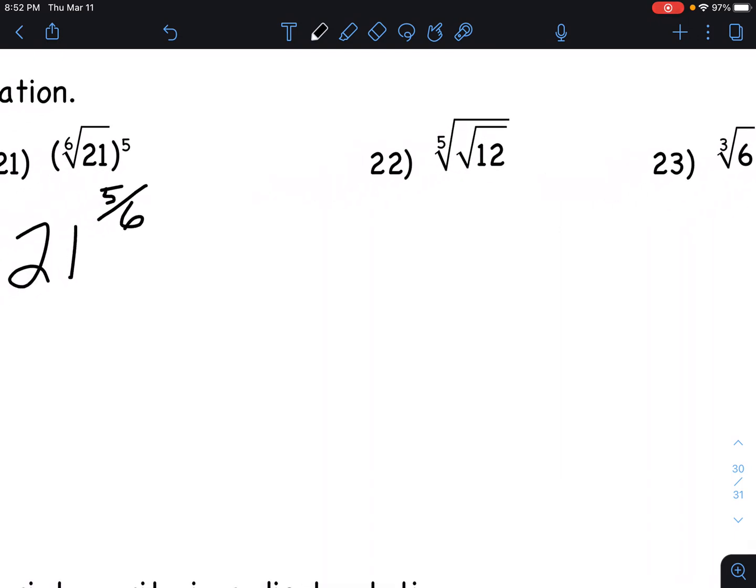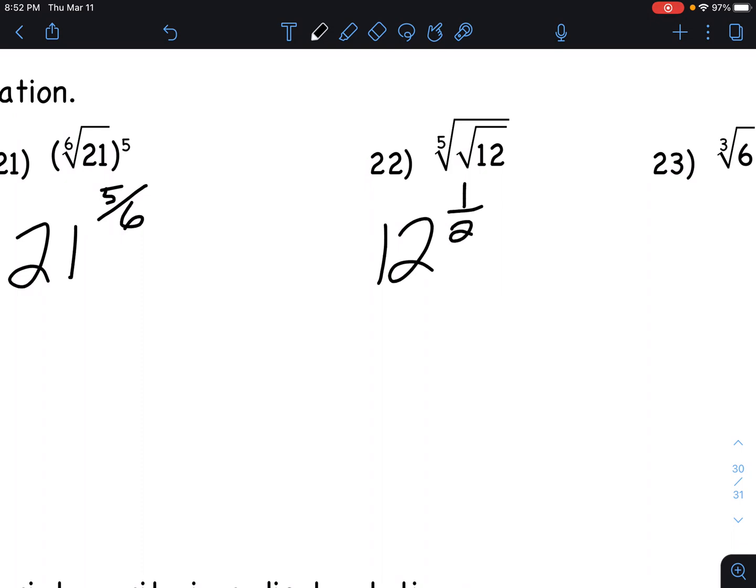We have the fifth root of the square root of 12. So let's convert, we have a radical, a square root inside of another radical. So let's change them each into exponents, and then what we're going to have to do is multiply the exponents. So if you look at the inside, the square root of 12, we know that's 1/2.